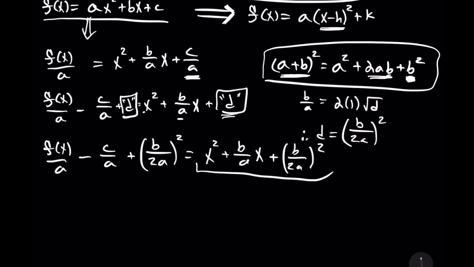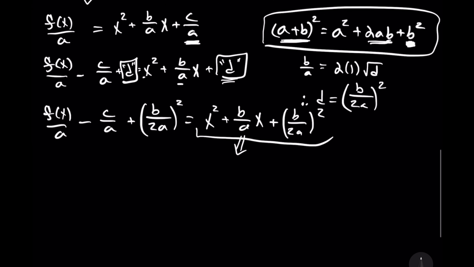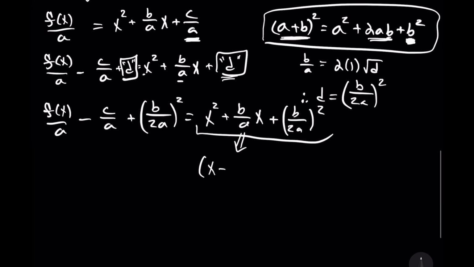Now this right-hand side should perfectly correspond to a perfect square trinomial. In other words, this should be x plus b over 2a quantity squared. And we can verify that. So if we just multiply that out, so to speak, we will end up back here at x squared plus b over a x plus b over 2a, that quantity squared. Great.